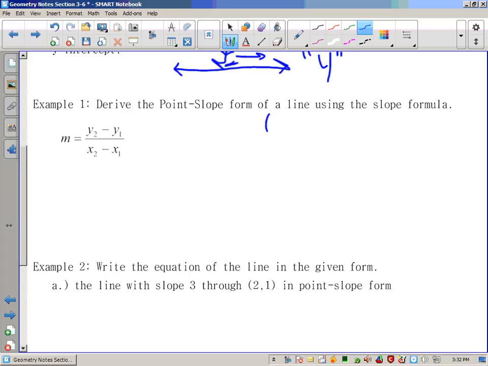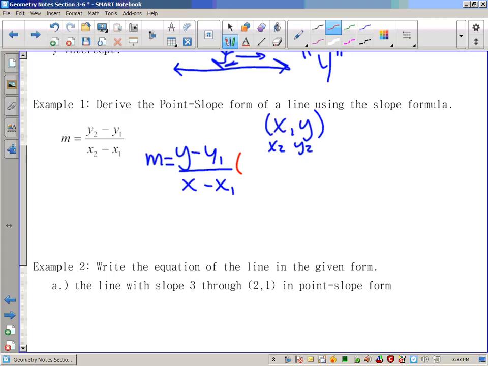But let's use x and y, just a general point, as x2, y2. So I'm going to start with that. So I'm going to replace y2 with y and x2 with x. And to put this in point slope form, first thing I'll do is I'll multiply both sides by x minus x1.